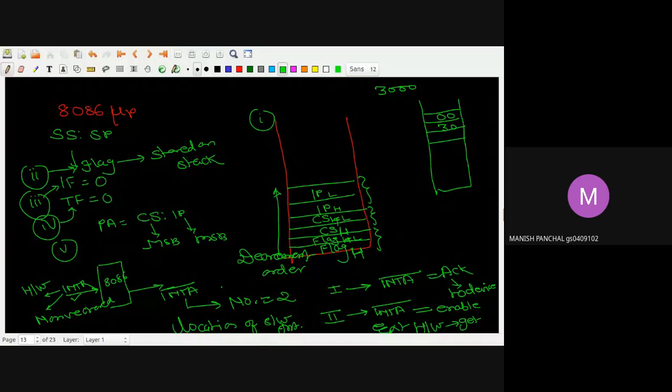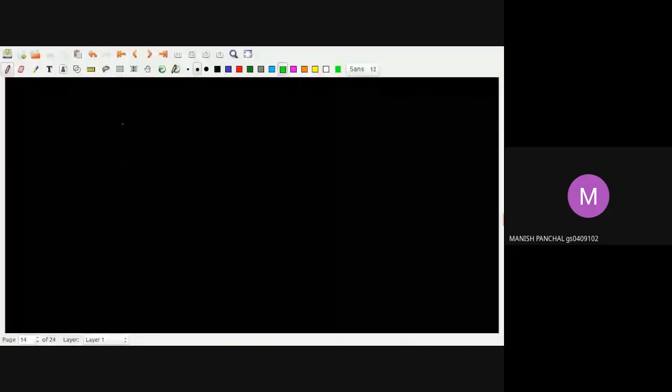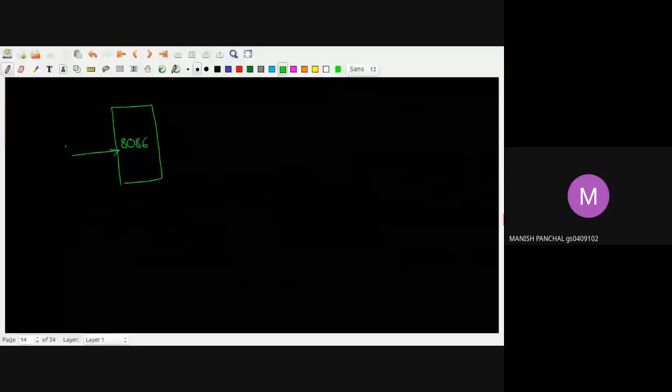And once you get the location, the software location, what is the meaning of software location? For example, I will write here, this is your 8086 microprocessor. I am getting my INTR here, and here I am getting my interrupt acknowledgement.